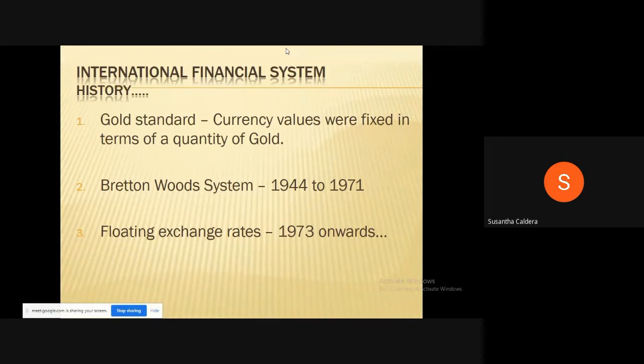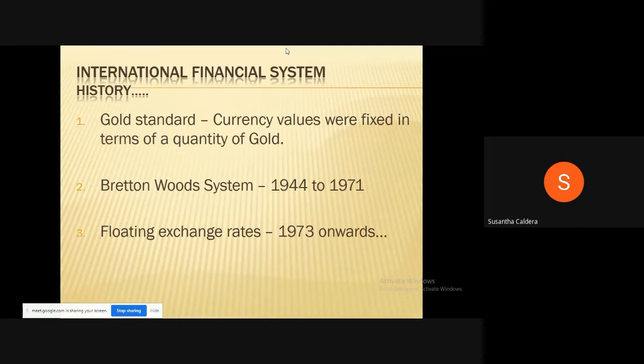Then we move to the IMF and World Bank, the other ones. More than trade, they were basically focusing on the foreign exchange values of countries, or countries' reserves.